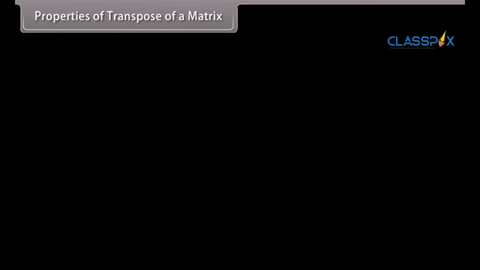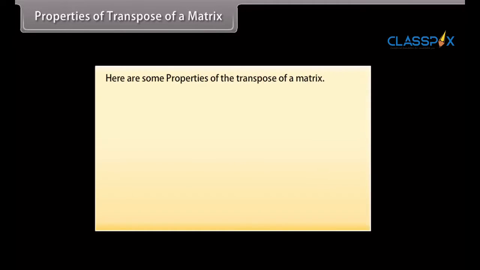Properties of transpose of a matrix. Here are some properties of the transpose of a matrix. First, transpose of transpose of matrix A is equal to matrix A. Second, transpose of A plus minus B is equal to transpose of A plus minus transpose of B if A and B are m by n.